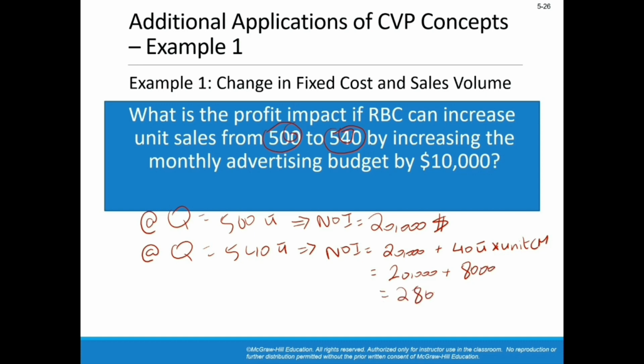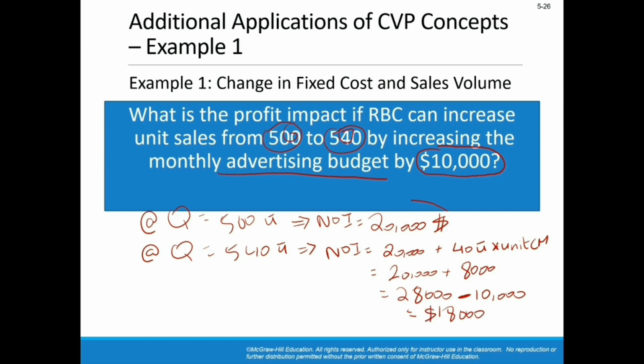So apparently this will be 20,000 plus $8,000, right? So 28,000. However, here they are telling us that you need to pay $10,000 for a marketing campaign or the advertising budget, and therefore we need to deduct $10,000 as a total fixed cost, and therefore you will be left with $18,000.